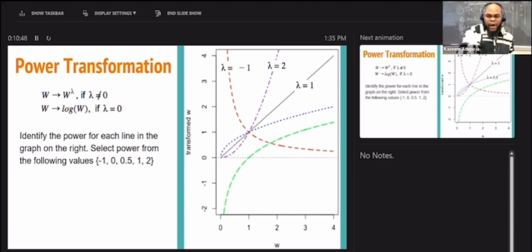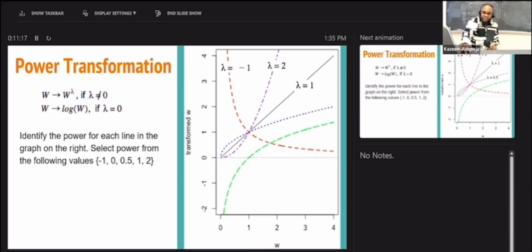The preliminary stage of every statistical investigation, particularly when you are looking at the relationship between variables, is to generate a scatter plot. So what I'm trying to tell you now is that when I generate a scatter plot, I'm likely going to have different kinds of shapes.